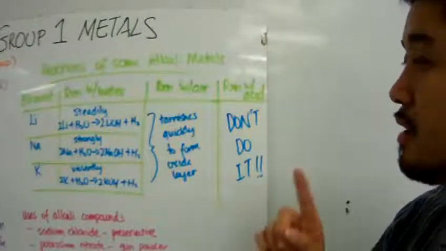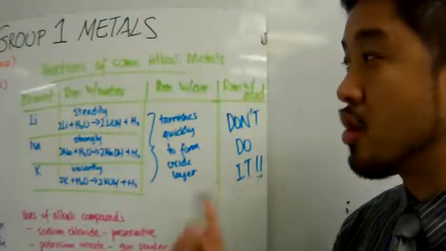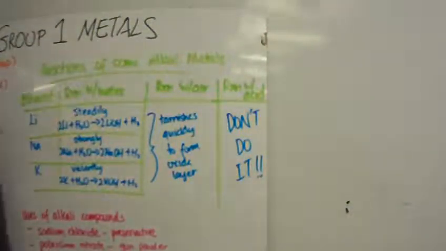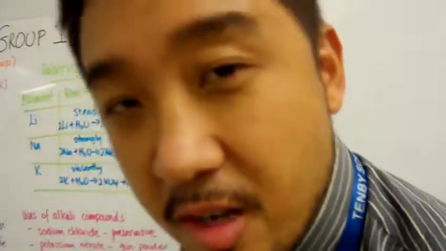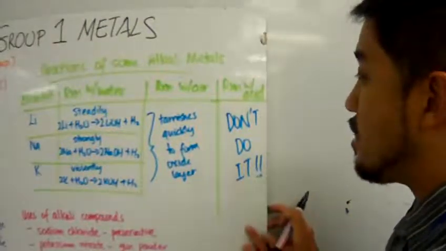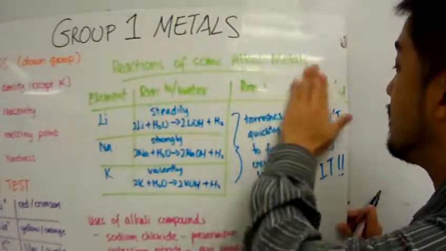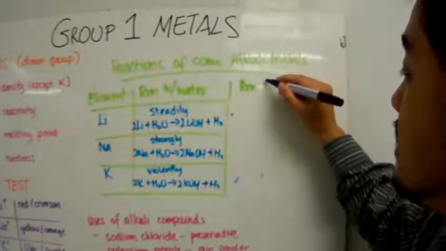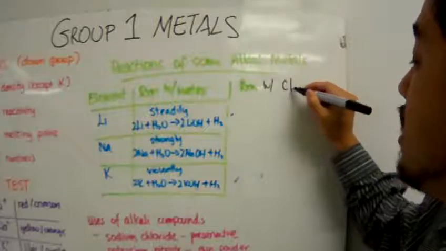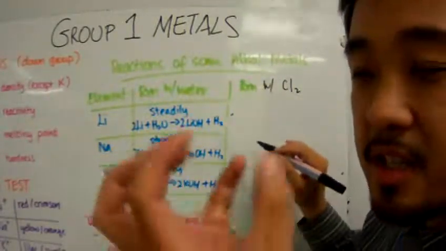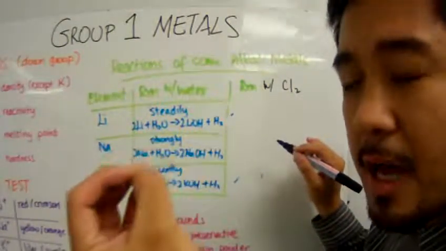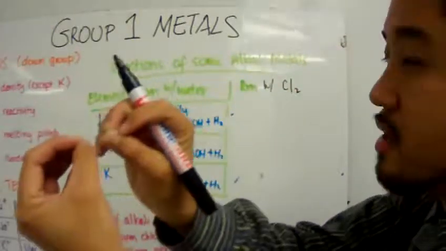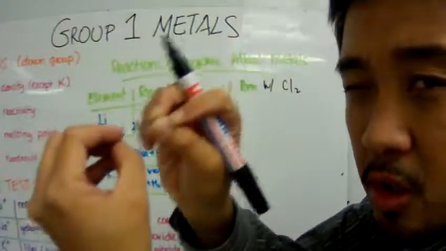Now we're going to talk about reactions of group 1 elements with chlorine. It turns out if you react group 1 elements with chlorine, you take the solid alkali metal and burn it in the presence of chlorine gas.